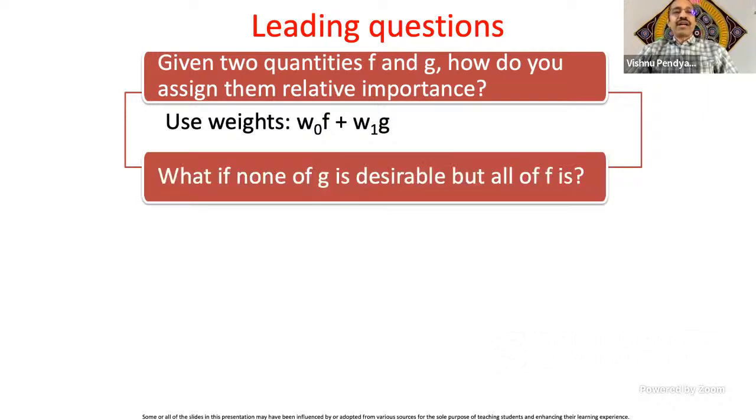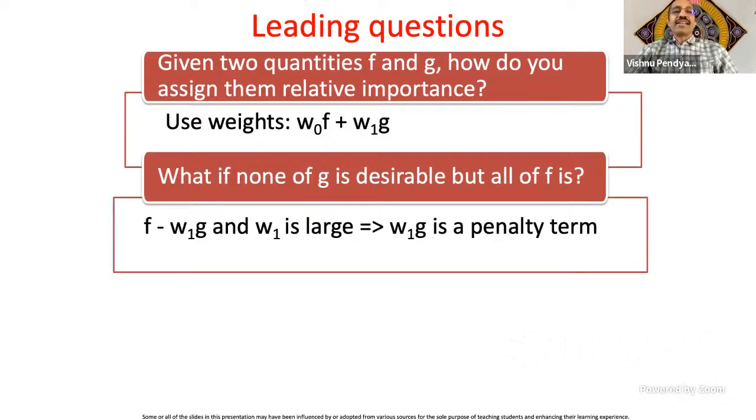So what if none of the g is desirable, but all of the first quantity is desirable? How do we do that? We want all of f, and we don't want any of g. So we subtract W1g. We could assign W1 equal to 0 so that g completely disappears.